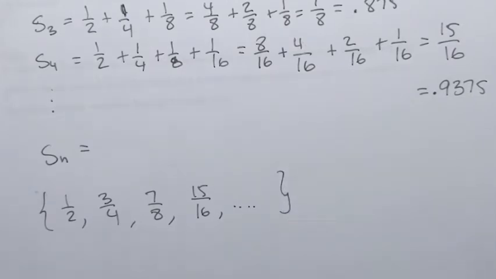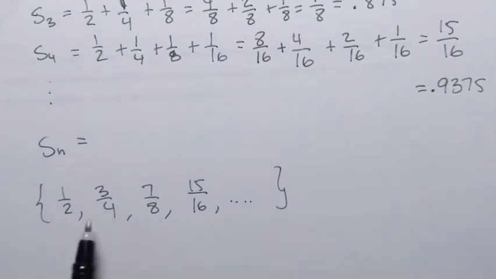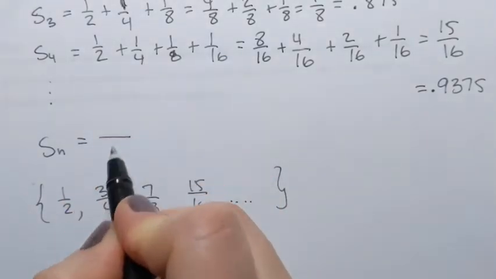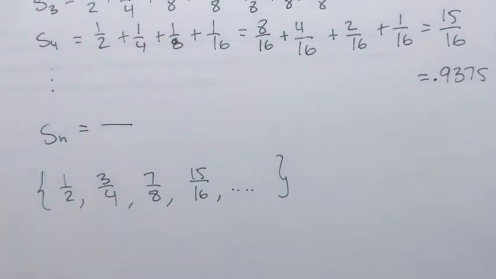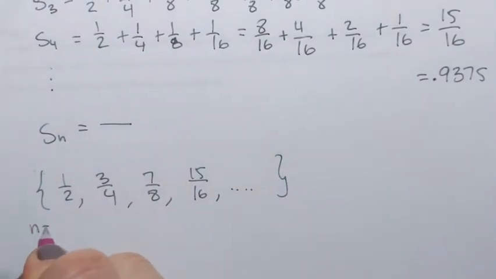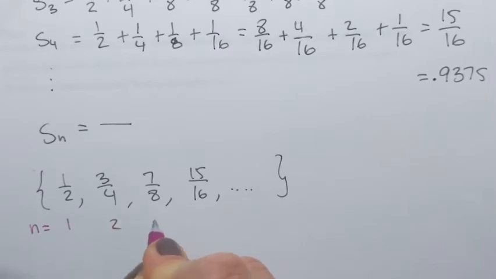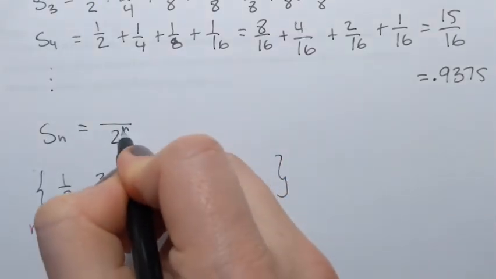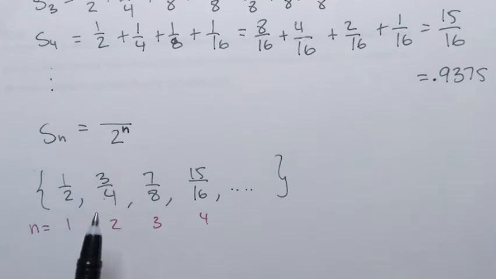Can you notice a pattern in the partial sums? So what can we say about the denominator? It's 2, 4, 8, 16. So the denominator looks like a power of 2, right? A power of 2 that corresponds to the number of the term. So n equals 1, 2, 3, 4, right? So it's 2 to the first power, 2 to the second power, and so on and so forth. So 2 to the power n, where n is the position of the term.